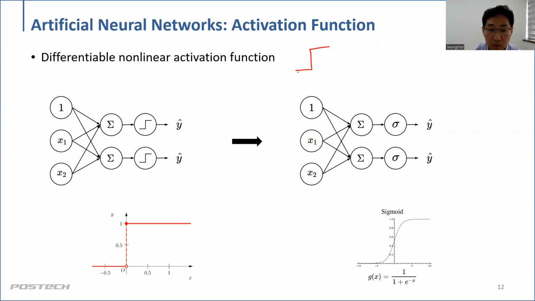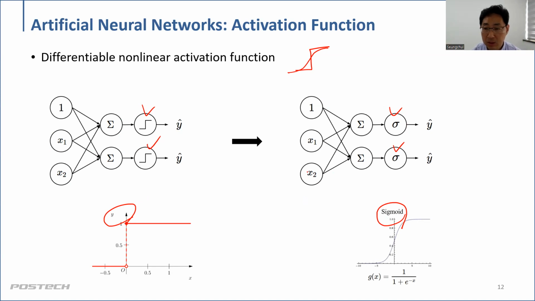So that's why we want to use this, you remember, from logistic regression. It's a logistic function, or we call it the sigmoid function. So I'm going to use the sigmoid function instead of either the step or sign function. I'm just going to change it into sigmoid.